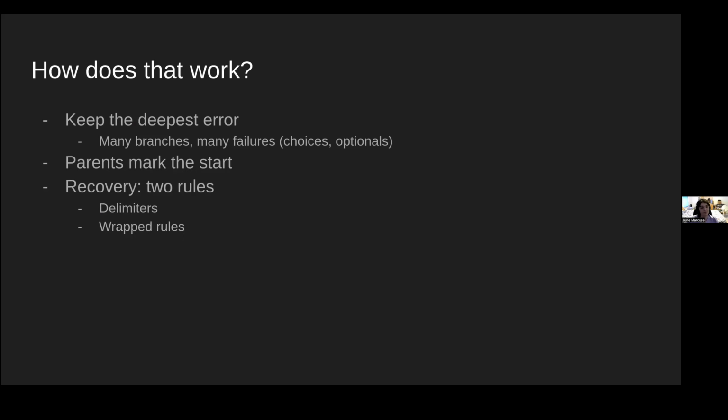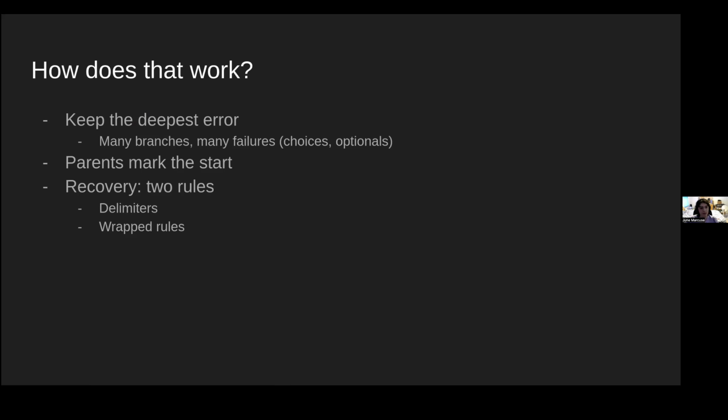So how does that work? I'm going to glaze over a lot of the finer details here, but the basic approach is there are a lot of errors that will be generated in a successful parsing input that we don't care about. For example, white space will often fail, but we don't care if it fails because it's optional in basically every case.